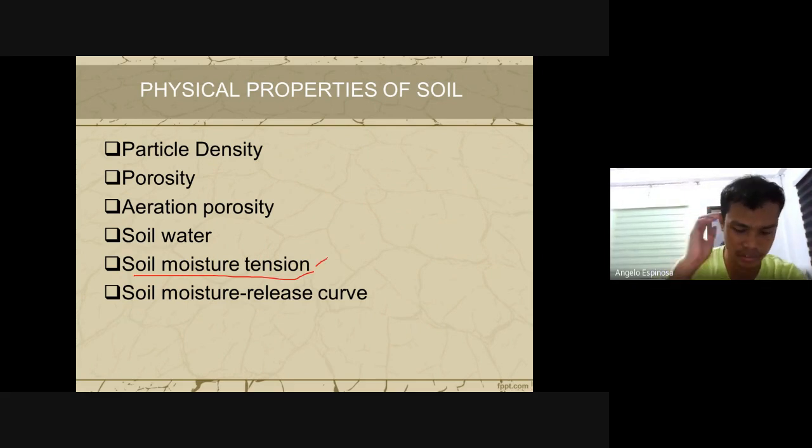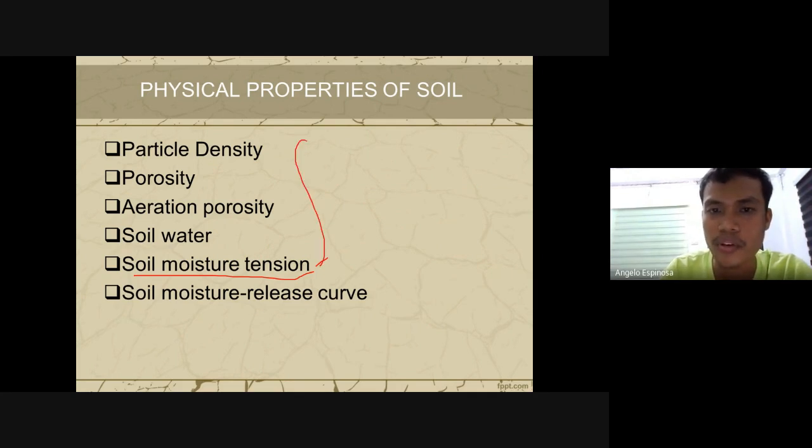When we say soil moisture tension, this is the force by which water is held in the soil. Where is it held? In the soil.